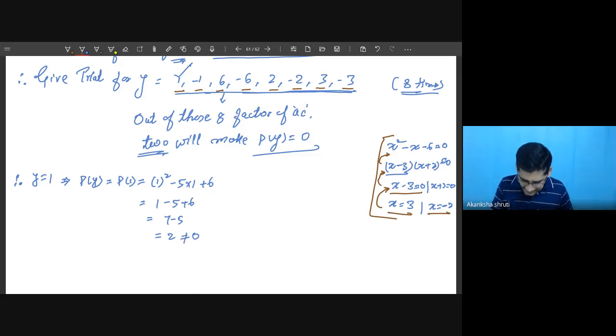So what does it mean? This simply means y equals 1 is not a zero of p(y).